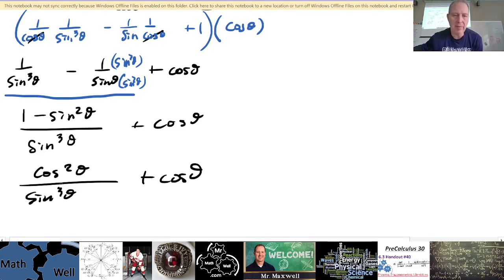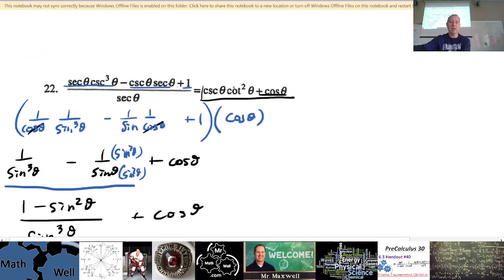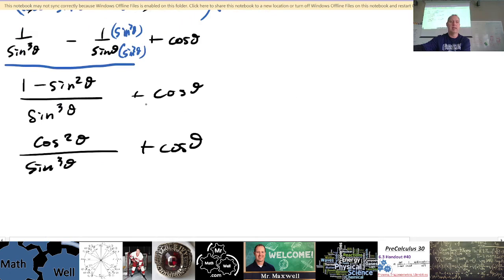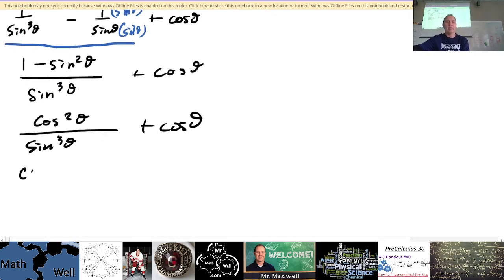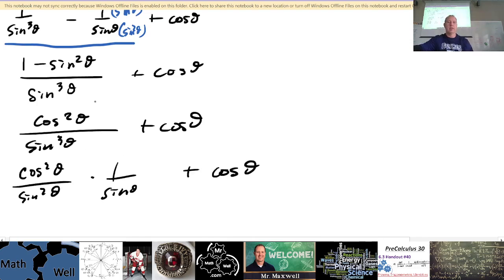And now, if I have cos over sine, I can start to split this up and have a cotangent, which I do need a cotangent over here, right? So I would split it up like this: cos squared theta over sine squared theta times 1 over sine theta. See, so this right here becomes this.